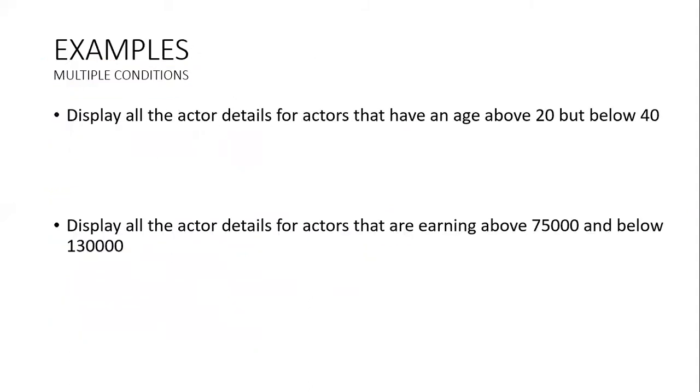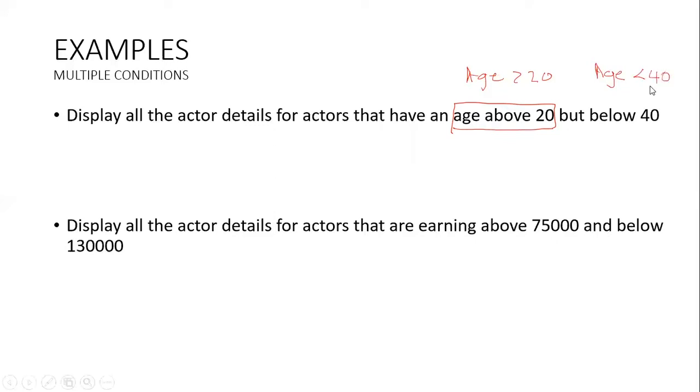A couple of examples that make use of multiple conditions. So here we have an age above 20. That's quite straightforward. We want the age above 20, but below 40.